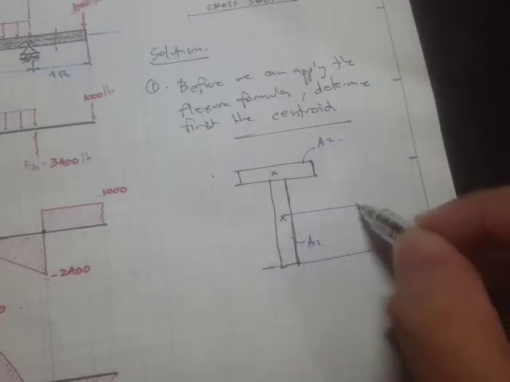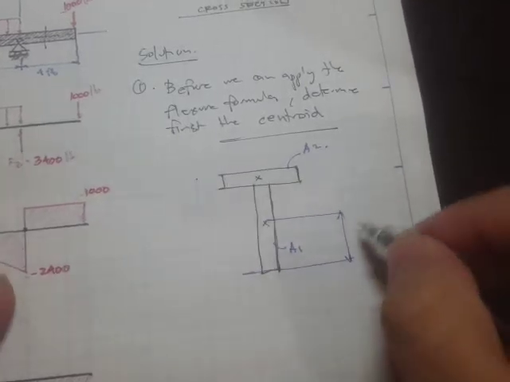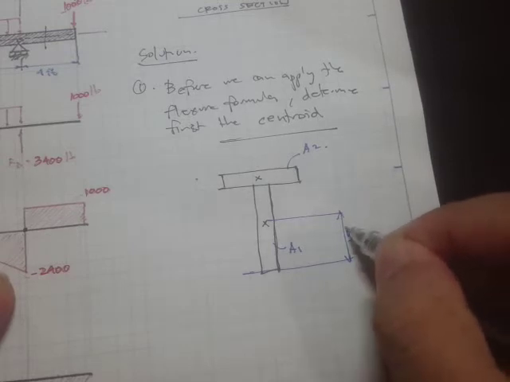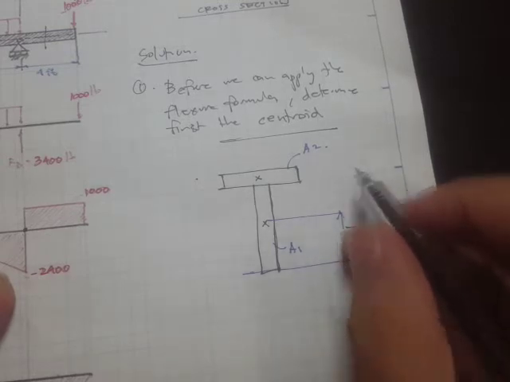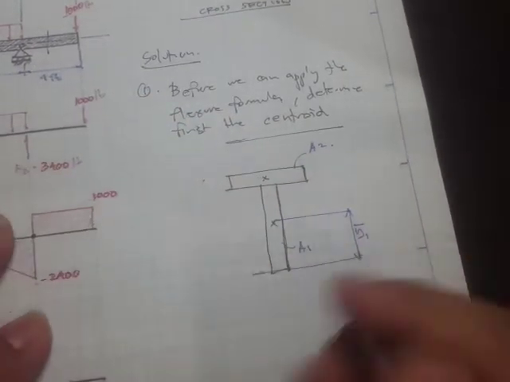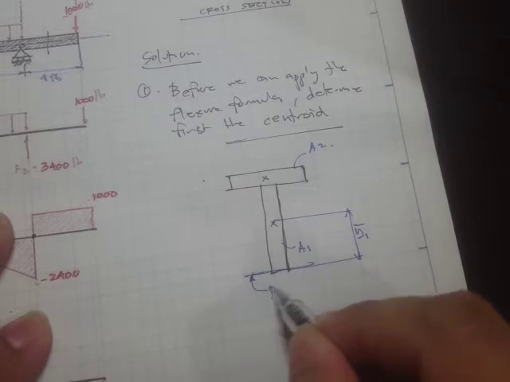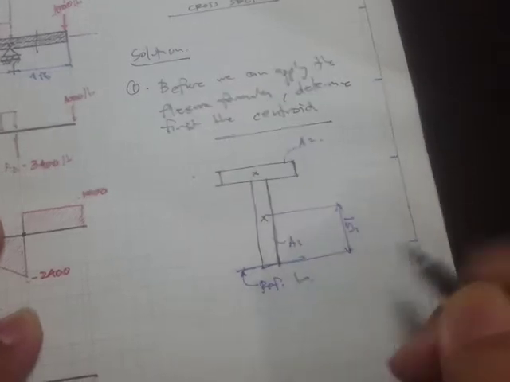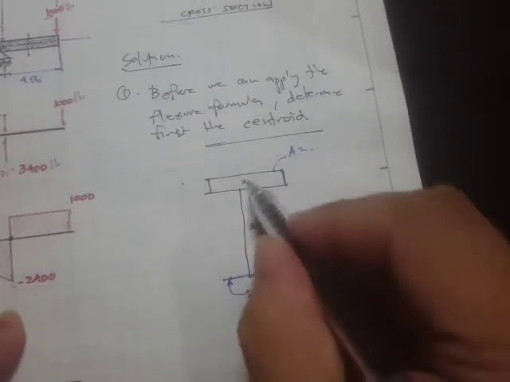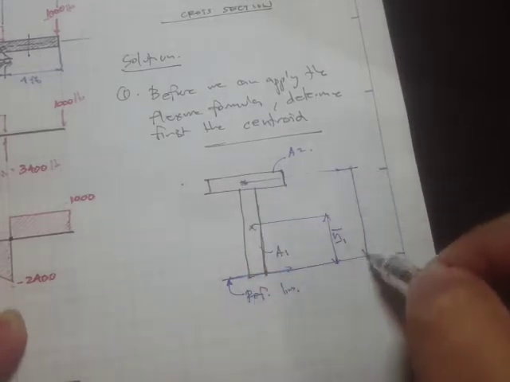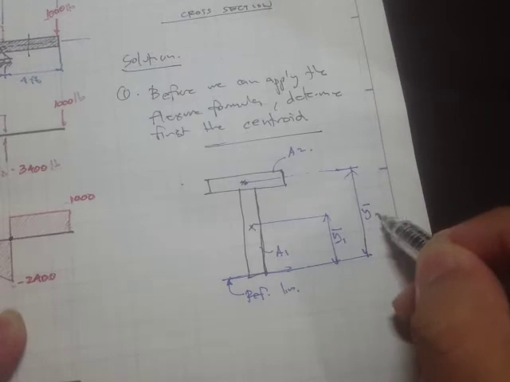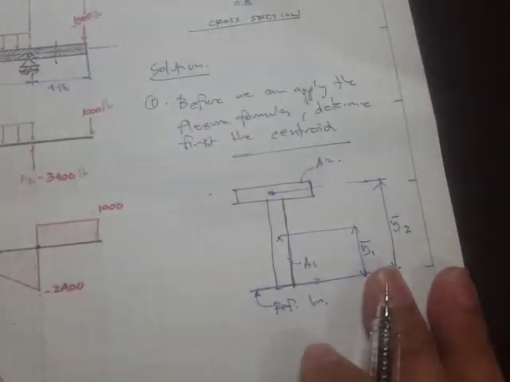Let's say this is y sub 1 bar, the distance to the centroid, and here's going to be our reference line. From this reference line to the centroid of area 2, that's going to be y bar sub 2.